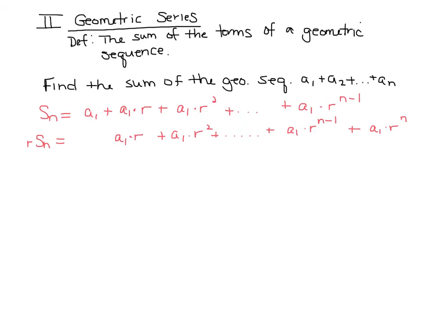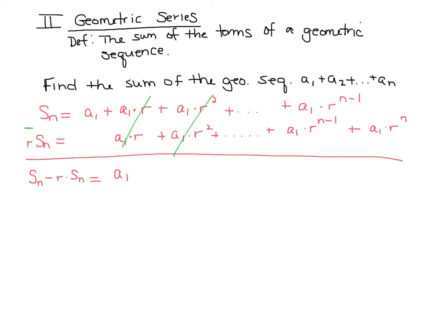Now rather than add these, I'm going to go ahead and subtract these. I will get S sub n minus r times S sub n equals just good old a sub 1 minus a sub 1 times r to the nth.